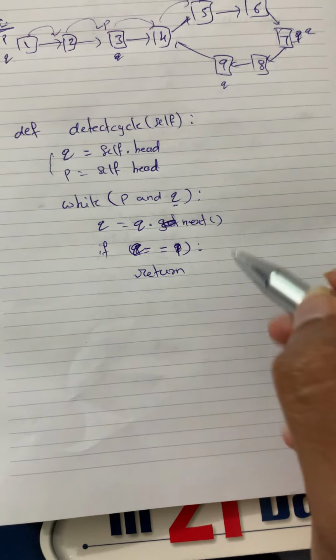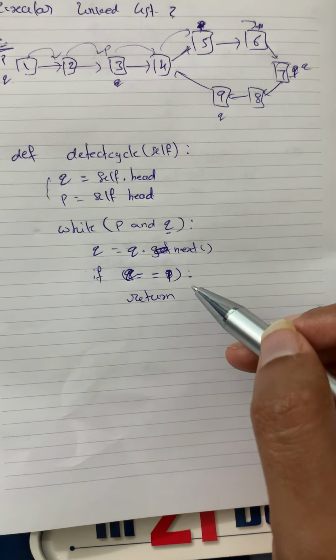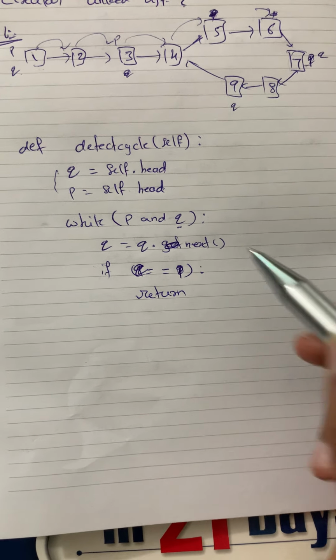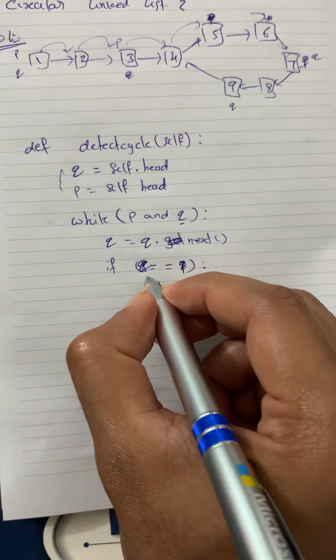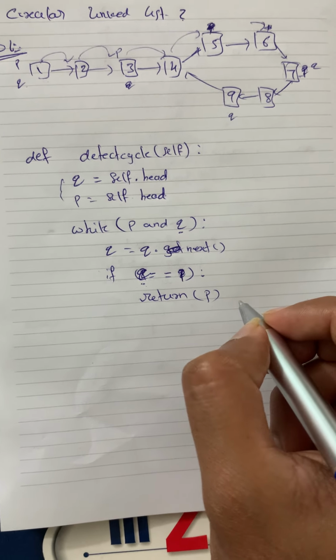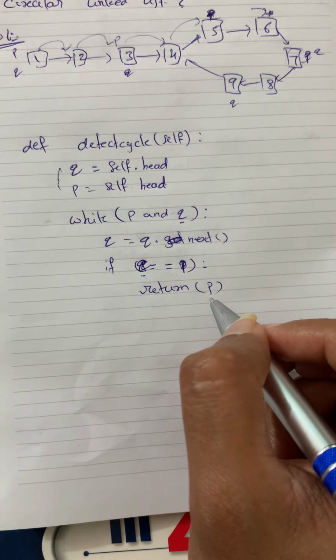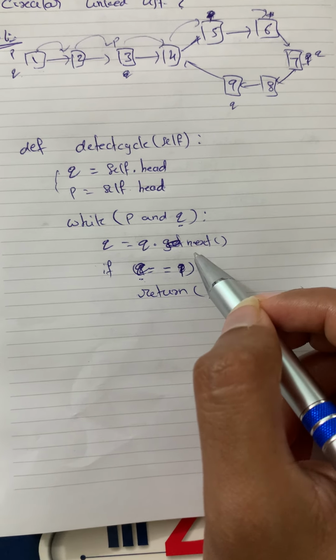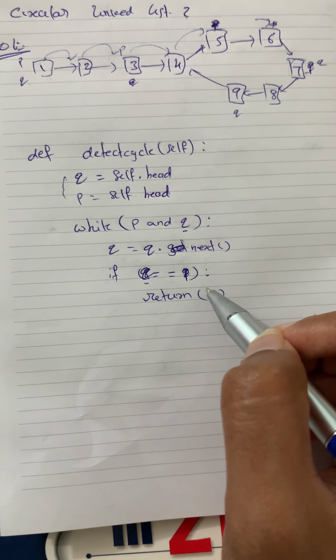Initially I thought to return true, but then there is a follow-up question where I have to find where the circle starts. For this reason I'm returning p. p represents where both the fast pointer and slow pointer are meeting, so we know that there is a loop.